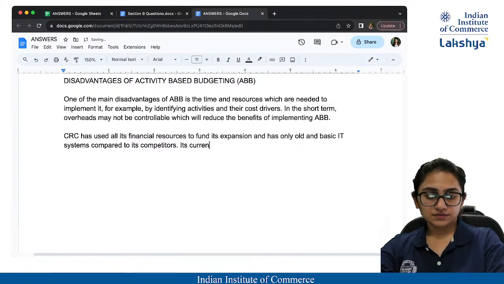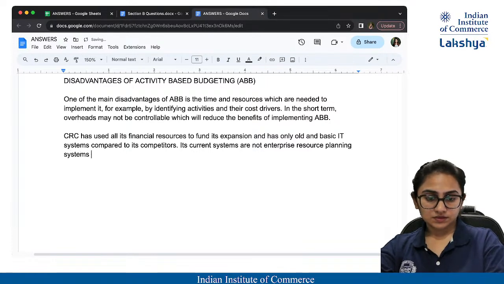Its current systems are not ERPs, that is enterprise resource planning systems, unified databases or networked systems.